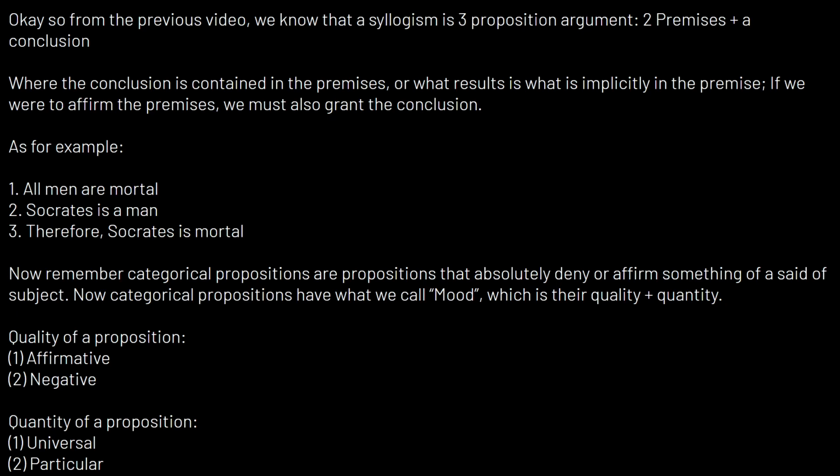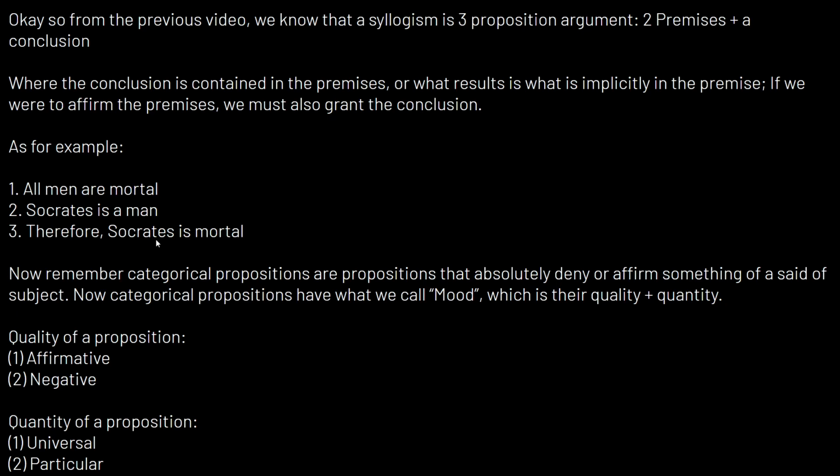I think in my last video I went over what a dialectic was. As for example, if I say all men are mortal, Socrates is a man, therefore Socrates is mortal. In the conclusion, therefore Socrates is mortal, note that therefore is the antecedent, while Socrates is mortal is the consequent.